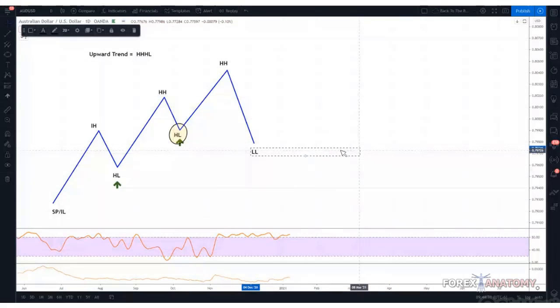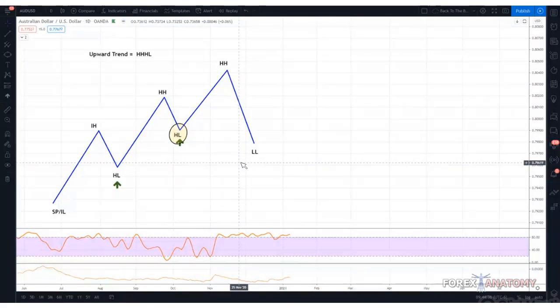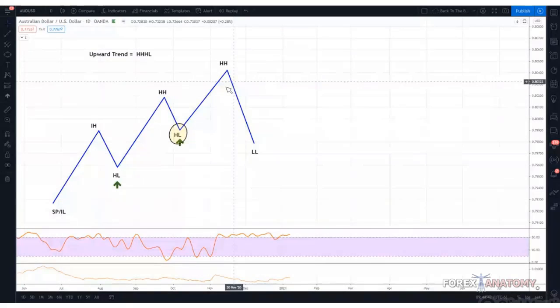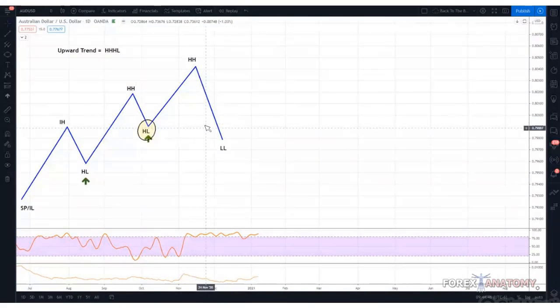Okay. And whenever price makes a lower low after trending to the upside, that could mean things are changing. But let's now define what typically happens.